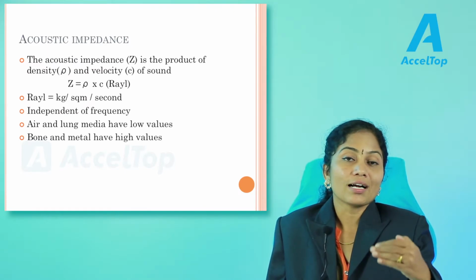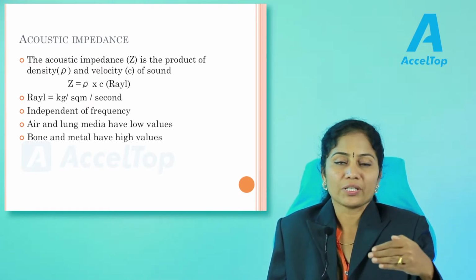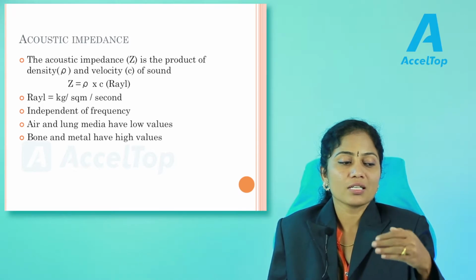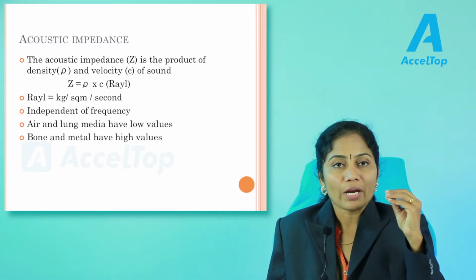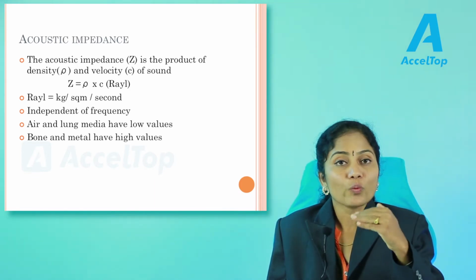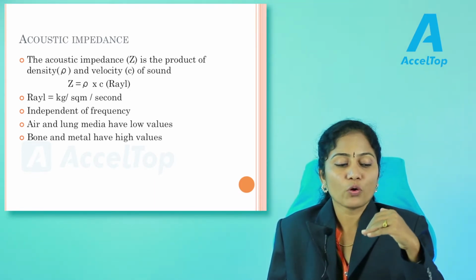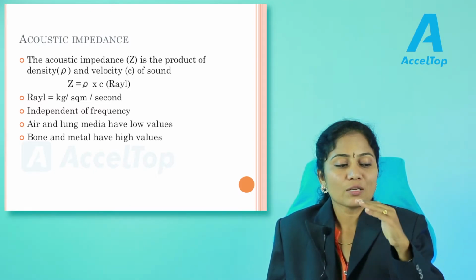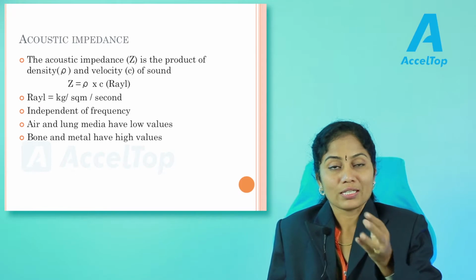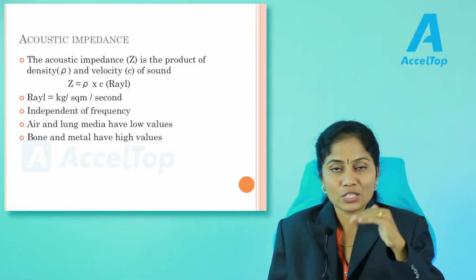Next, I am introducing another term called acoustic impedance. Acoustic impedance is the product of density and velocity. So air and lung have lower acoustic impedance, whereas bone and metal have higher acoustic impedance, because it is a product of the density of the tissue and the velocity of the sound waves.